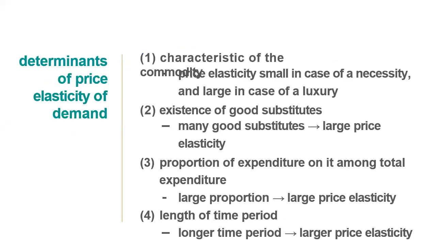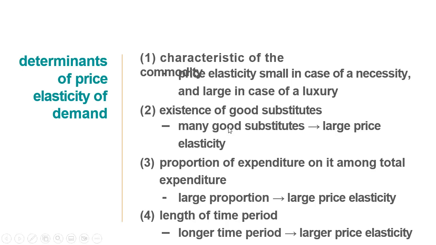The determinants of price elasticity of demand. First, characteristic of the commodity. Elasticity is small in the case of a necessity good. When we have a necessity good, we don't have substitutes, that makes the good very important and the elasticity very small. In the case of luxury goods, we have large elasticity. Second, the existence of good substitutes.